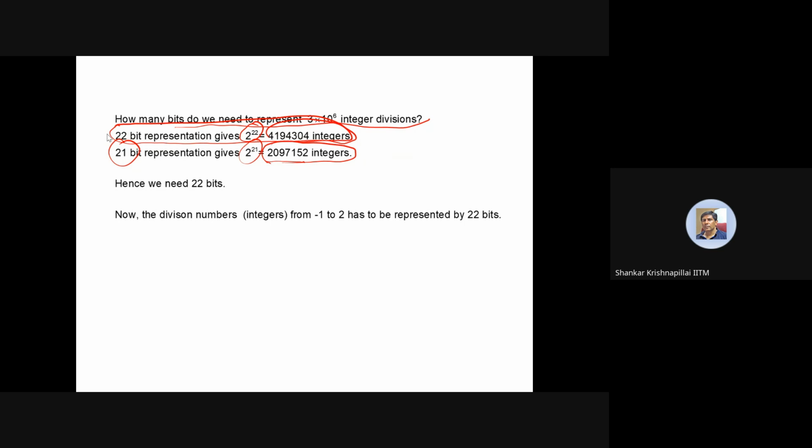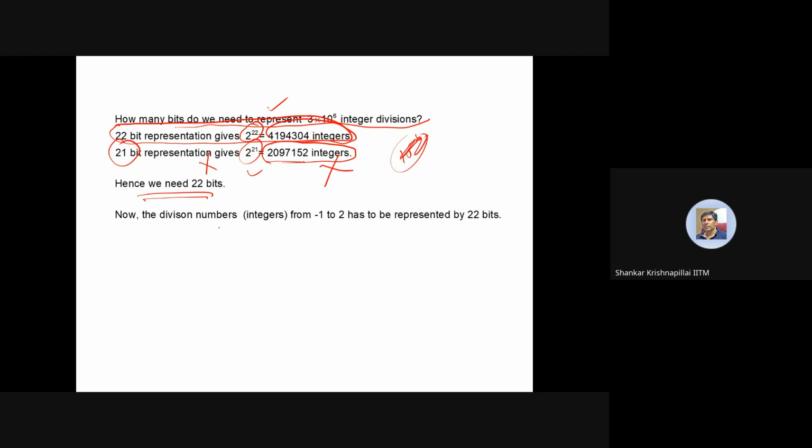If we take 2 million, our decimal accuracy will be less than 10 raised to -6, so it is not okay for us. So at least 22 bits is required for this particular binary genetic algorithm example.